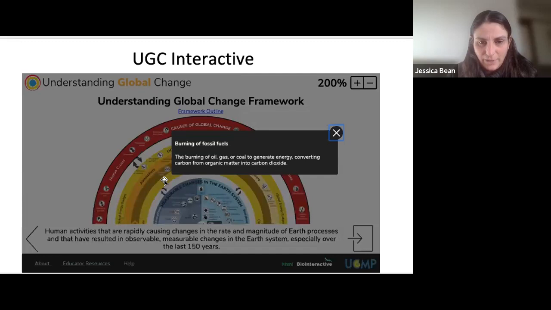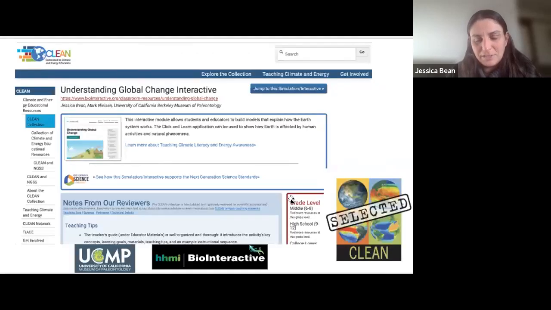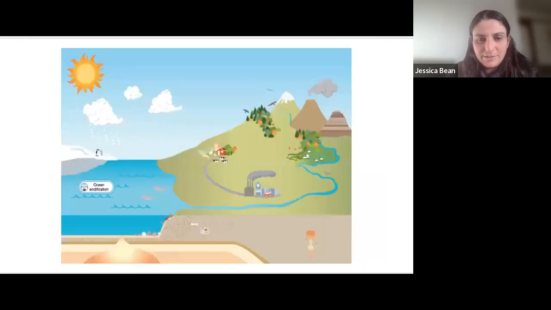The interactive also has this clickable framework with lots of the definitions of the different parts in case students need to review. And again, as I mentioned, it's part of the CLEAN selected collection, because what this allows you to do is really see how students' understanding of different topics might change or be enhanced over time. And I've even used this in my own communication about my own research and the work that I do as a scientist.